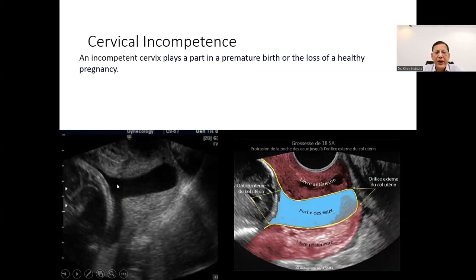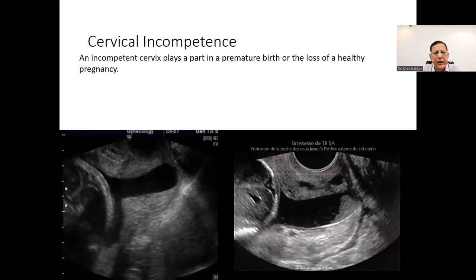So once the internal os is open, you can't do anything to hold the baby. It will just be a matter of time, within 2, 3, 4 weeks, before the whole cervical canal opens up and the baby is aborted.